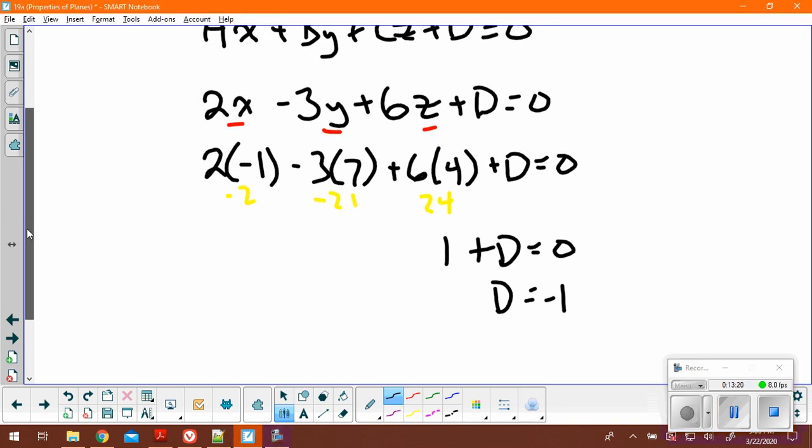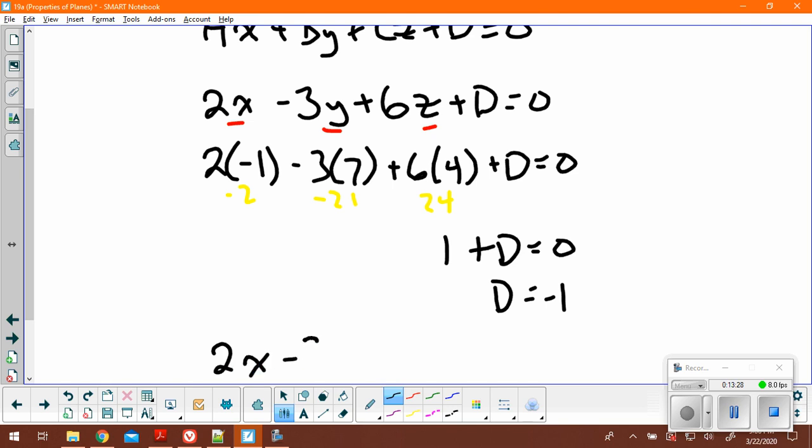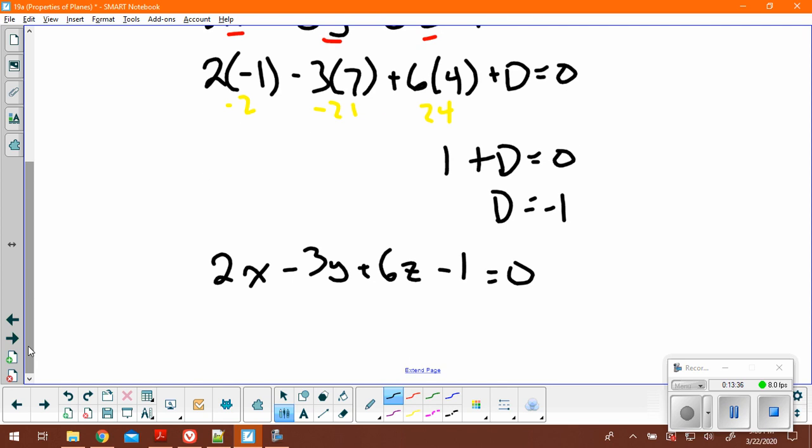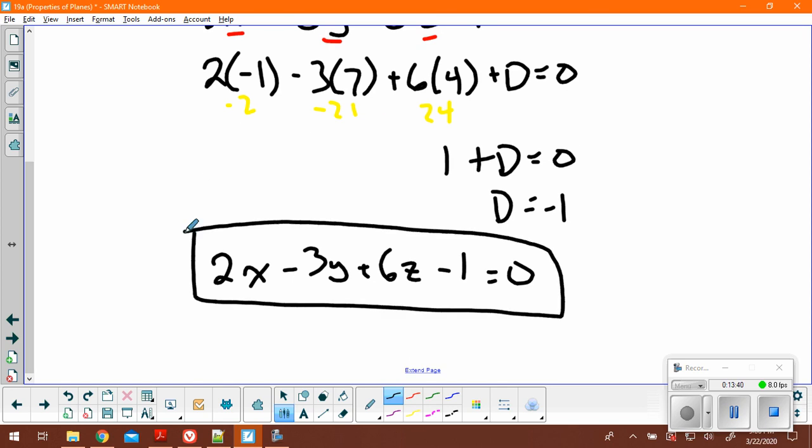Now that I found d, I can just write out my equation with all the different pieces in there. So my equation is going to be 2x minus 3y plus 6z minus 1 equals 0. And that is the equation of the plane.